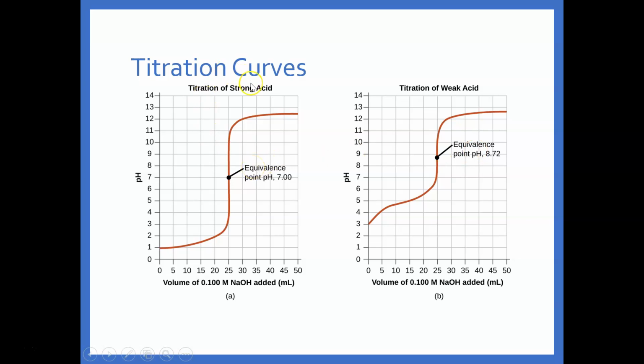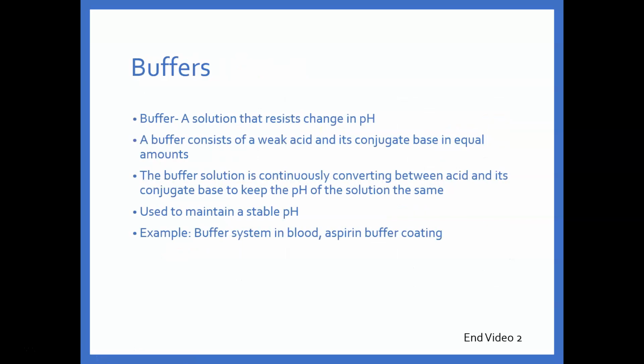Remember earlier when we reacted a strong acid with a strong base, sodium hydroxide is a strong base, it produced at its equivalence point essentially a pH of 7, neutral. On the other hand, when we still have that strong base, but we react it with a weak acid, because it's producing a basic salt, that equivalence point moves to 8.72, which is basic and not neutral. You can see the equivalence point in both is halfway up the vertical line that is created in the graph. You are going to be experimentally creating one of these graphs in lab.